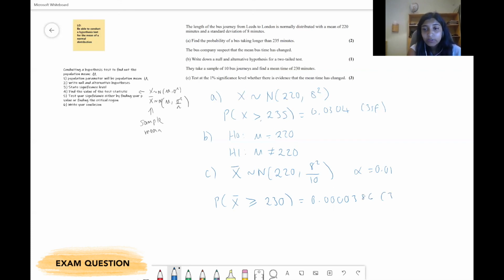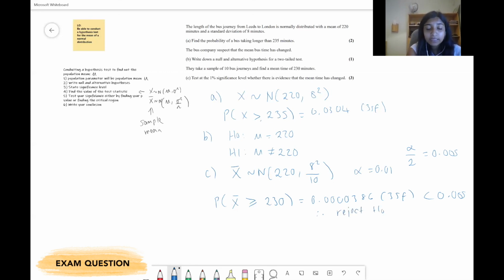If you work that out, that would be equal to 0.000386 to 3SF. Because it's a two-tailed test, you want to compare it to your significance level over 2, which is 0.005. So we compare our p-value to 0.005. 0.000386 is less than 0.005, so you therefore reject H0.